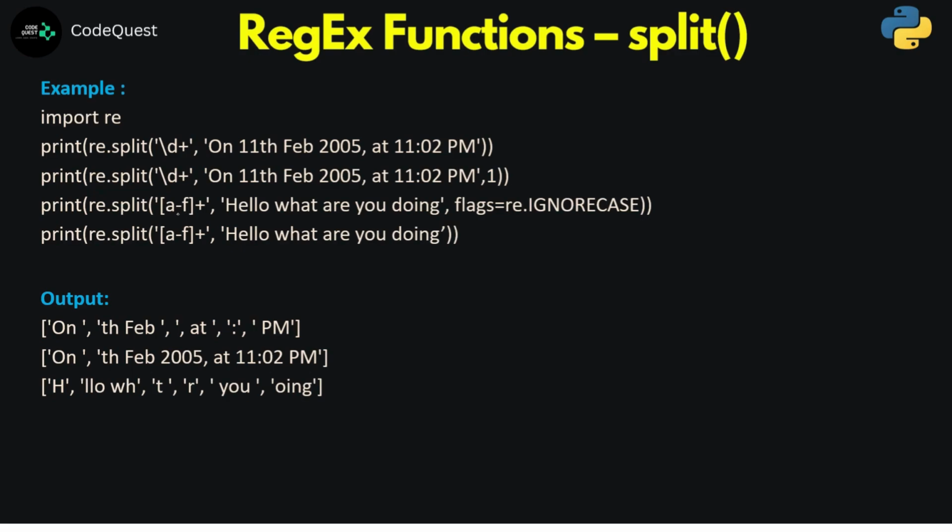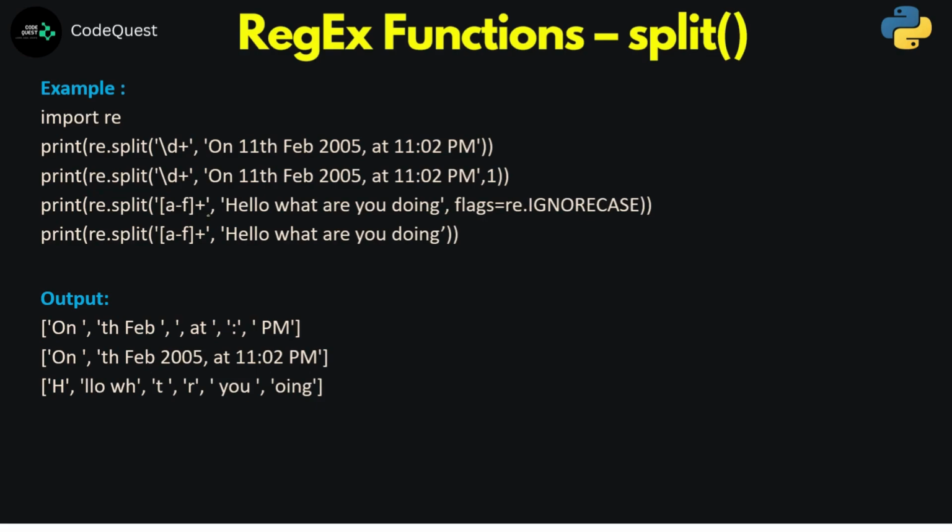Because e is within this range, there will be a split from e onwards. So h is there. After e we found l, l, o, space, w, h, and again we found a, which matches the pattern. So from here another split will work, that is 't' space, and again we found a, one more split, that is only r I'm going to get.